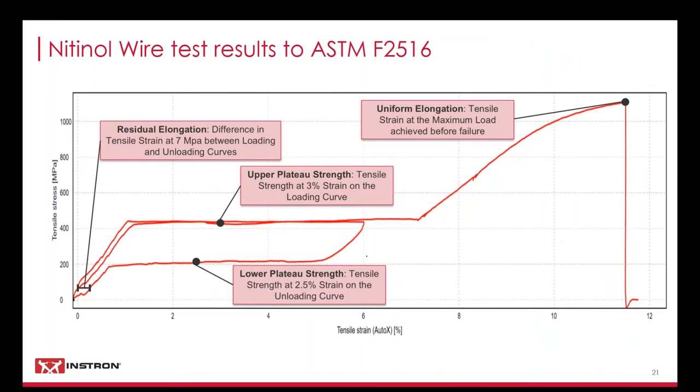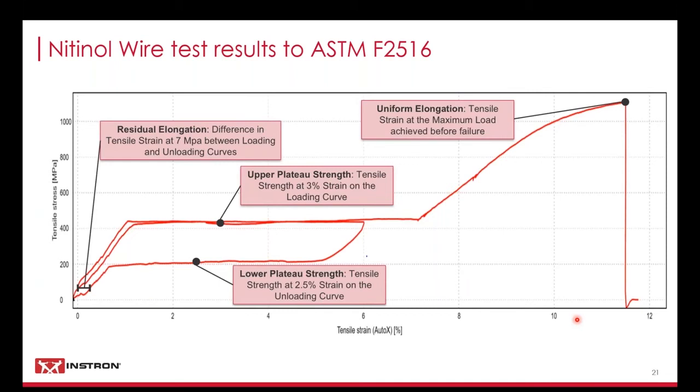So here we have a pretty typical stress strain curve that you would get from F2516 that was captured using an AutoX. The test curve is really unique, which highlights the super elasticity of the material. As stress is applied, the phase change in the material is induced from austenite to martensite. A turnaround of 6% strain is required, considering 8% is really the absolute limit for when you would have plastic deformation.